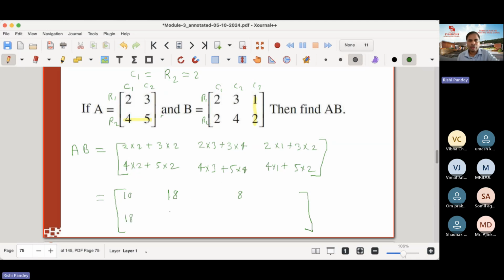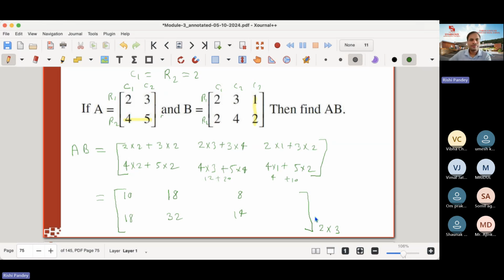Here 4 3s are 12 and 12 plus 20, that is 32. And here 4 1s are 4 plus 10, that is 14. How many rows do we have now? 2 rows and 3 columns.